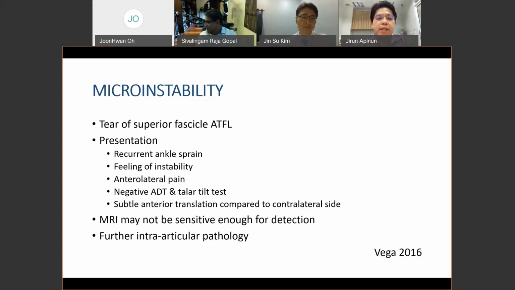However, on examination there will be no laxity, except subtle anterior translation compared to the contralateral side. MRI may not be sensitive enough for detection, and this micro instability can cause symptoms and lead to progression to further intra-articular pathology. Next slide, please.